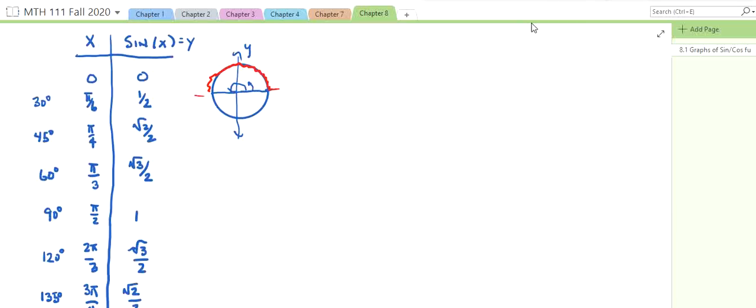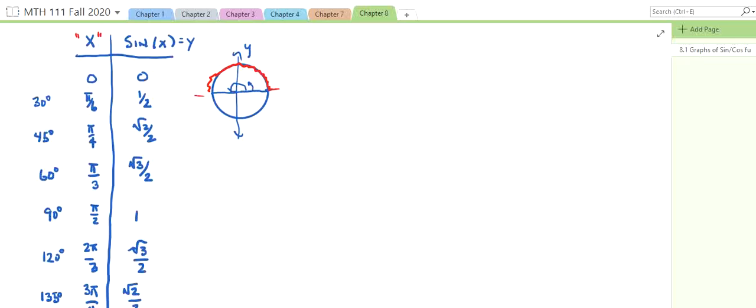Now, one thing that might be a tad confusing here is the x here is not the x value that I'm using here. The x here is just a variable in this function sine of x.